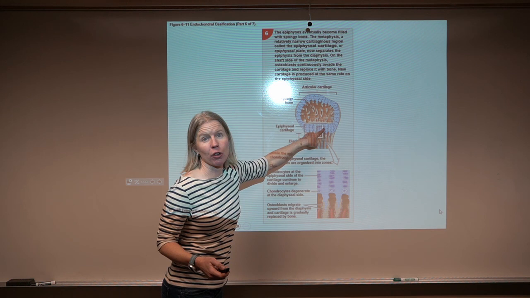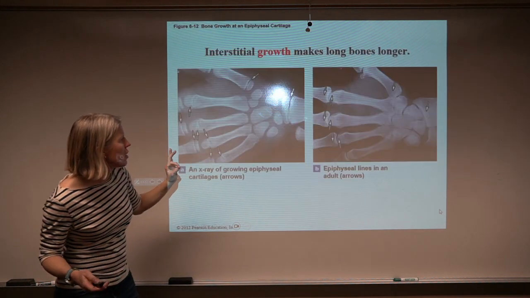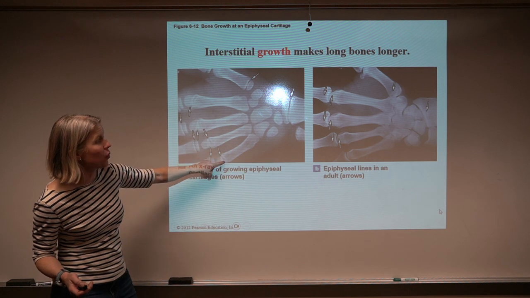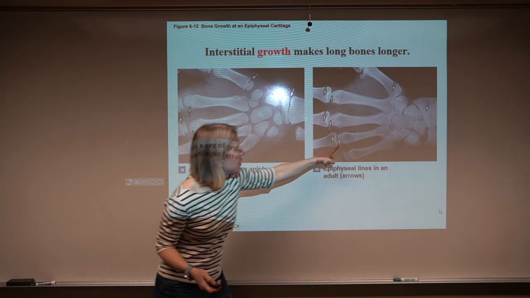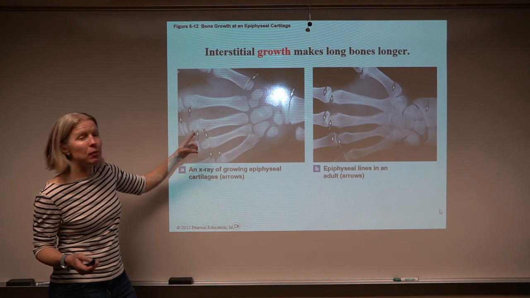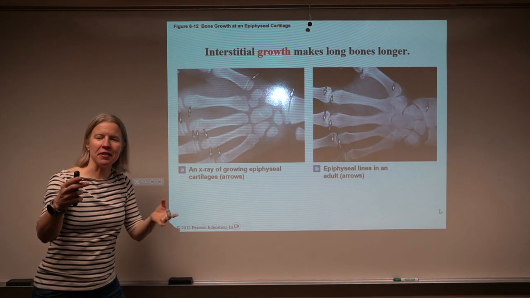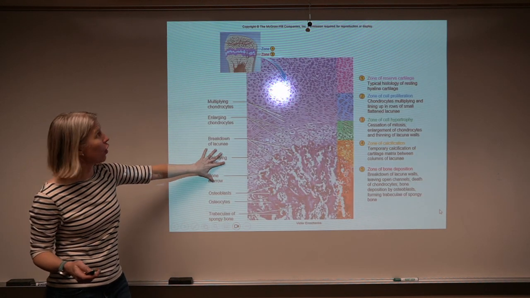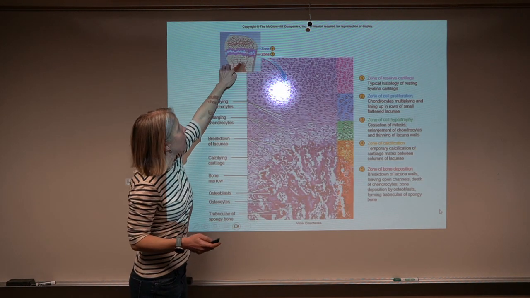So this epiphyseal cartilage. So this picture is super cool. They're actually showing you the growth plates, right? And then as an adult, you don't get that kind of gap separating the epiphysis and the diaphysis, which is kind of cool.